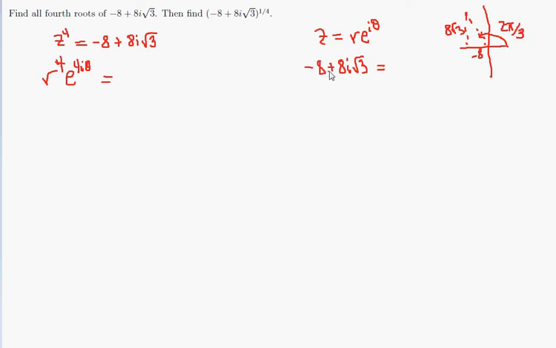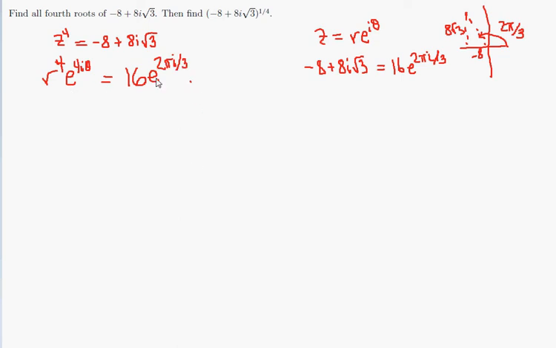So we have that negative 8 plus 8i square root of 3 is equal to 16 times e to the 2 pi i over 3.